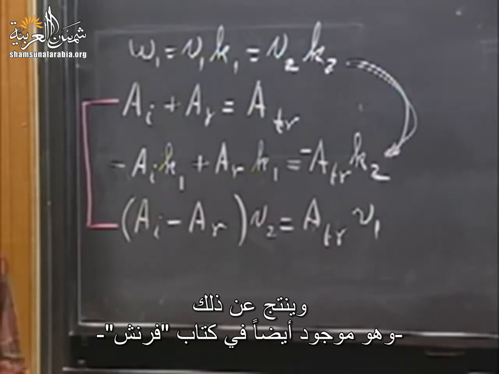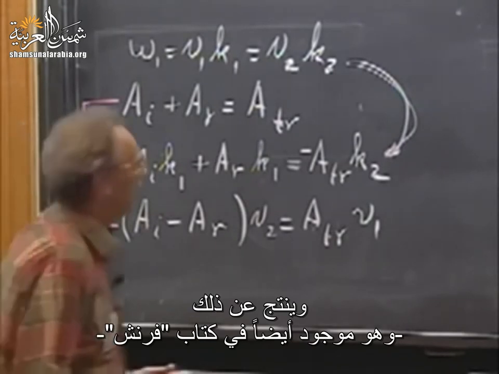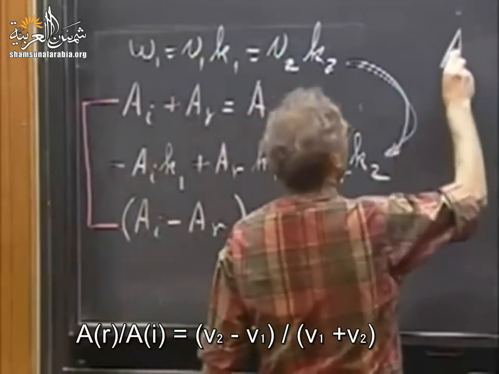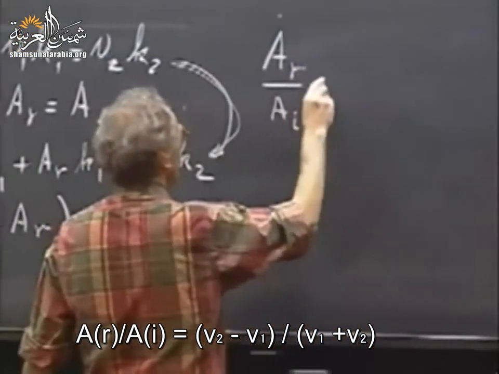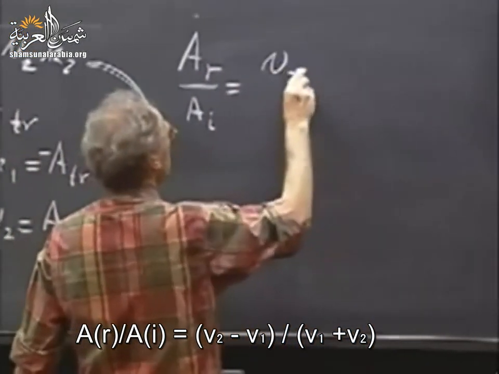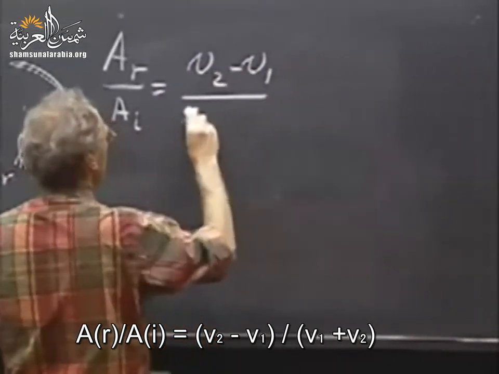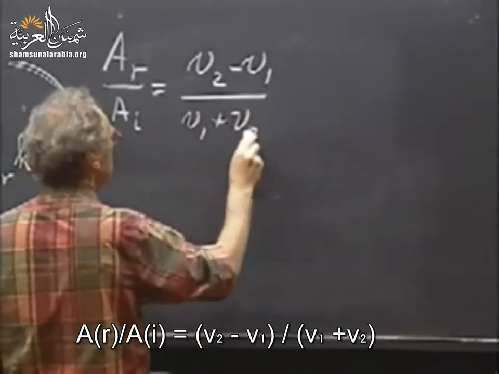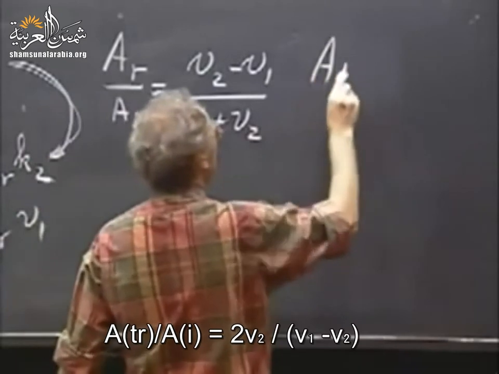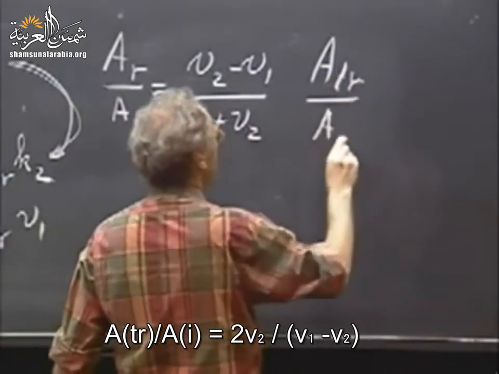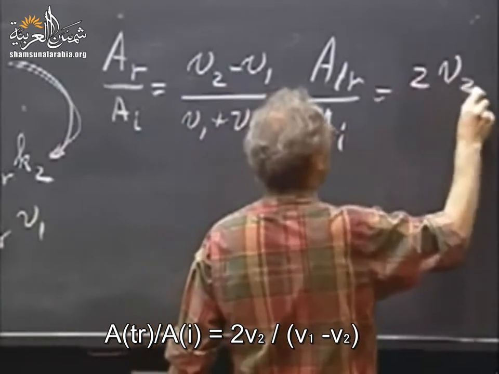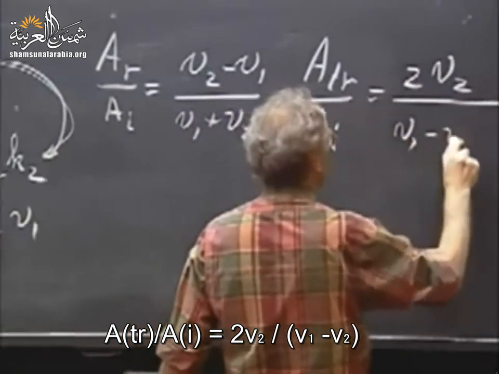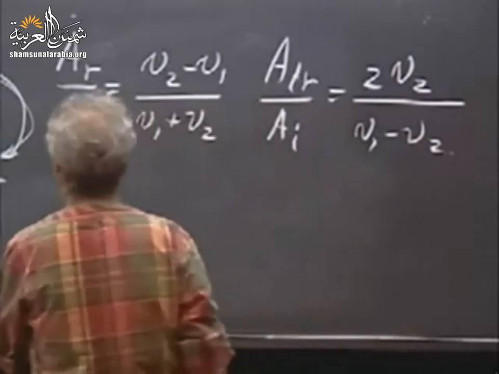And what comes out of that, this is also worked out in French, is that the reflected amplitude over the incident amplitude is v2 minus v1 divided by v1 plus v2, and A transmitted divided by the amplitude of the incident one is 2 v2 divided by v1 minus v2.